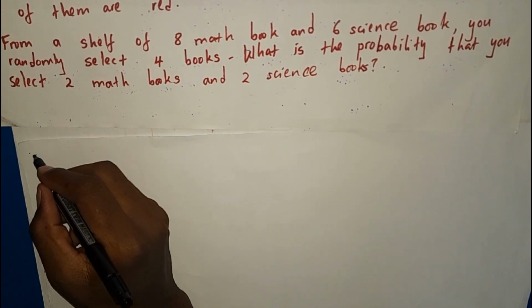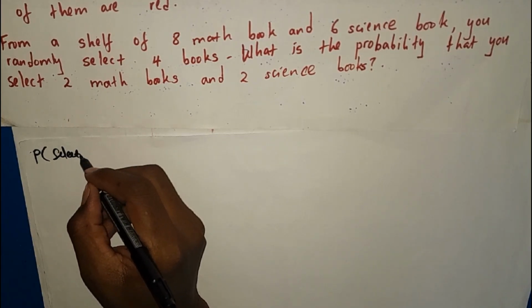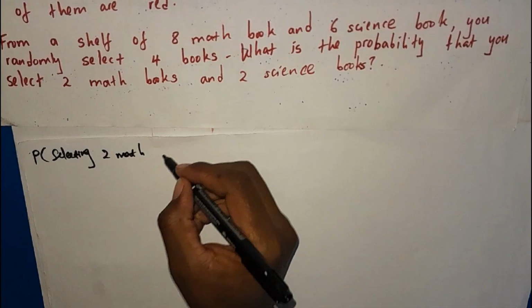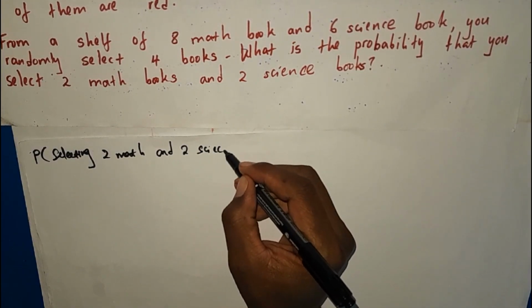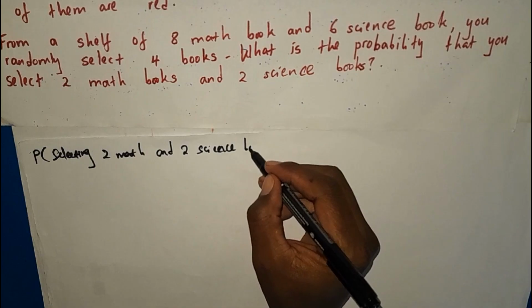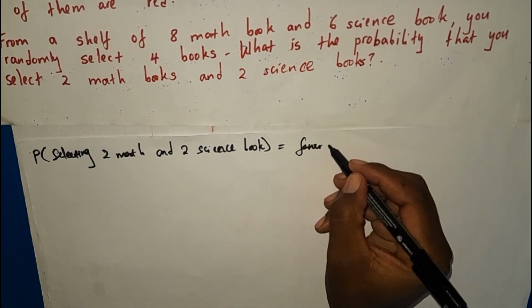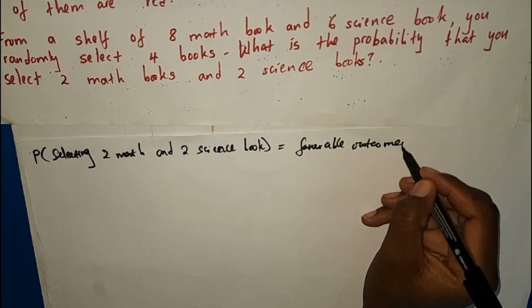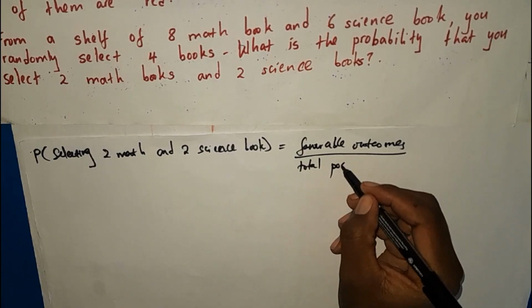So we need to find the probability of selecting 2 maths and 2 science books, which is equal to the favorable outcome over the total possible outcome.